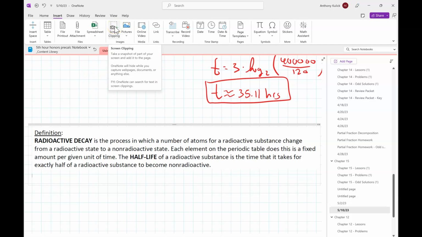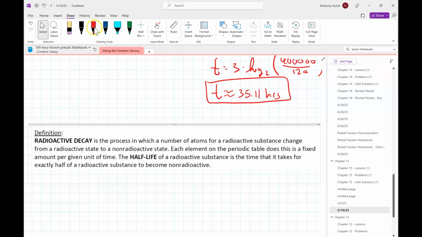So the key here for us, when we talk about half-life, is that the R is then going to be negative 50%. So that's the key for us in taking our existing population model and using it to do one of these half-life problems.